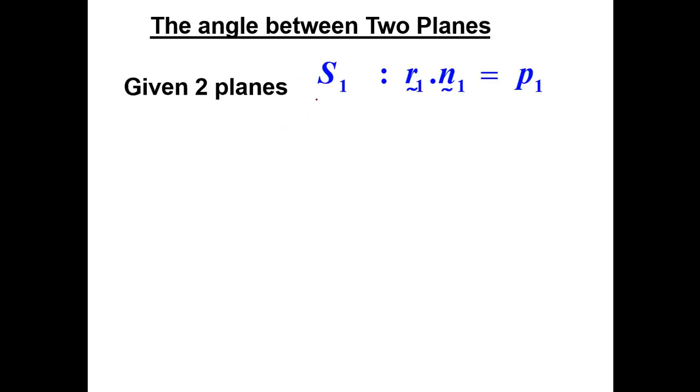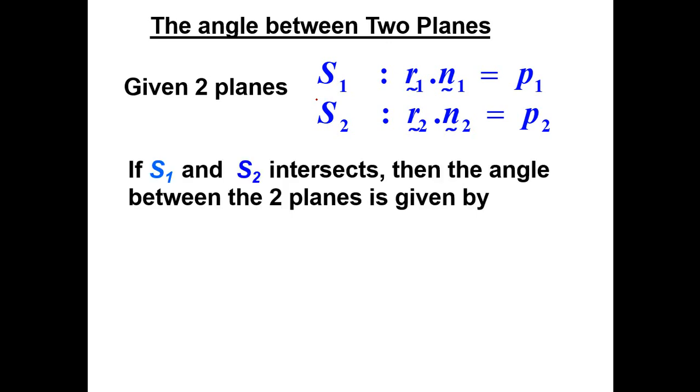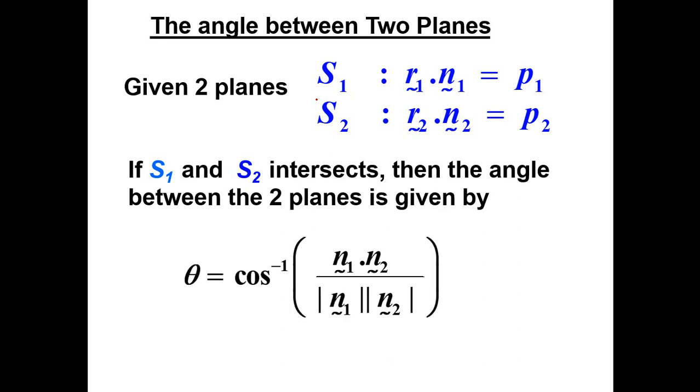The angle between two planes. Given two planes S1: r dot n1 equals p1, and S2: r dot n2 equals p2. If S1 and S2 intersect, then the angle between the two planes is given by theta equals arccos of n1 dot n2 over modulus n1 modulus n2.